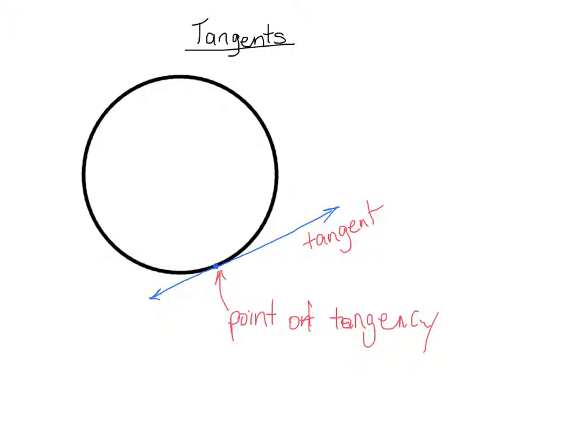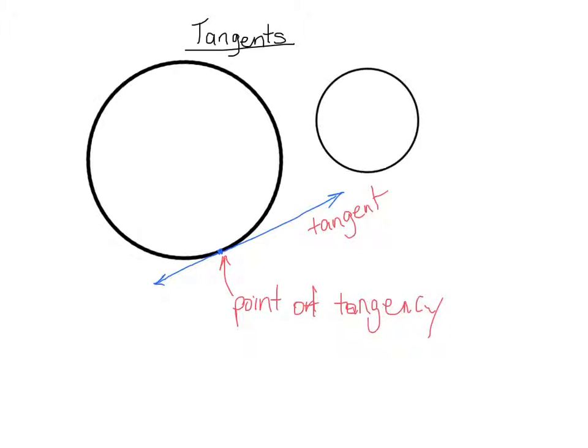Alright, so if I have multiple circles, they can have a common tangent. Let's say we have another circle here. I could have multiple lines that go through this space here, or this space here, or right here. That's a common tangent to both circles.